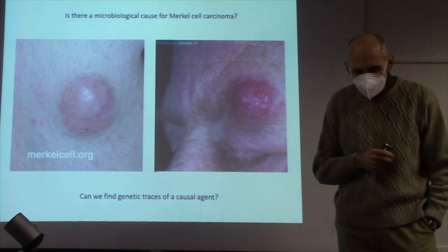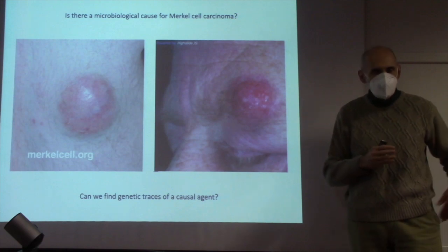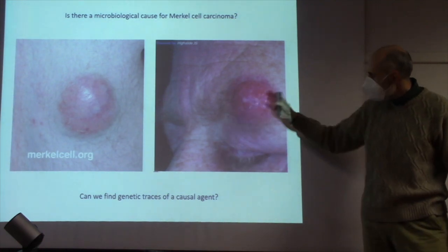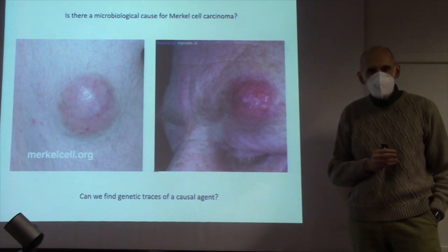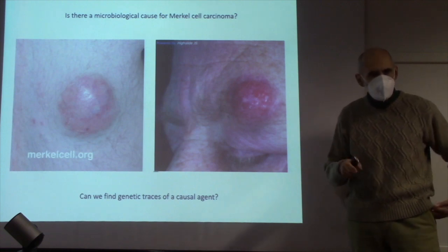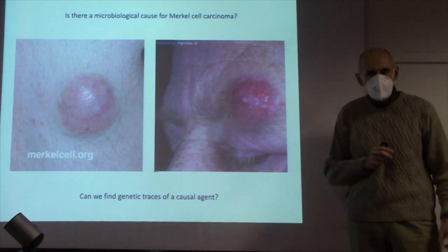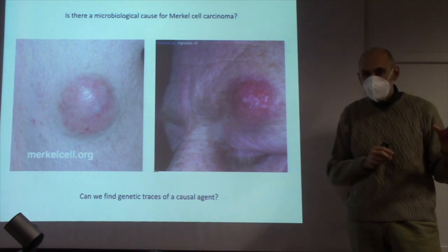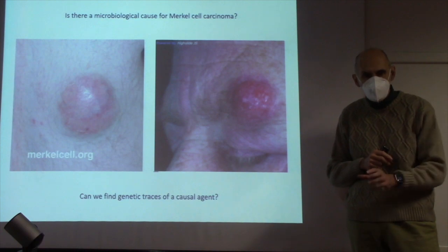I don't have the slide here, but what they did was sequence the genomes of these cells, then eliminate more than 99% of the sequences because they simply aligned with the human genome. They were left with a few reads, and among them they found one that was similar to a simian polyomavirus.